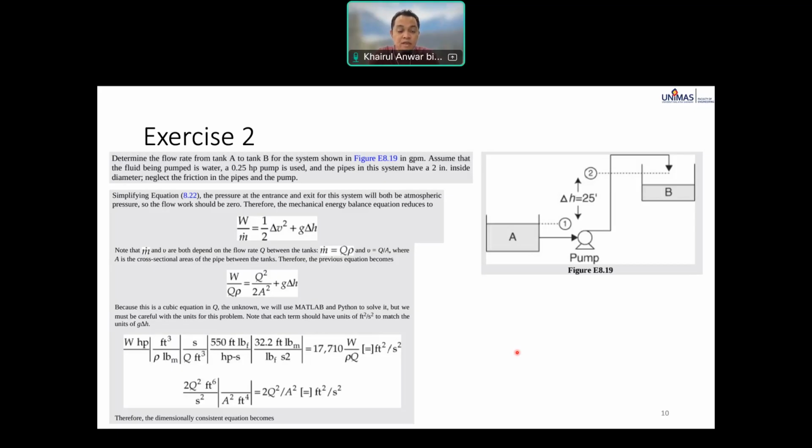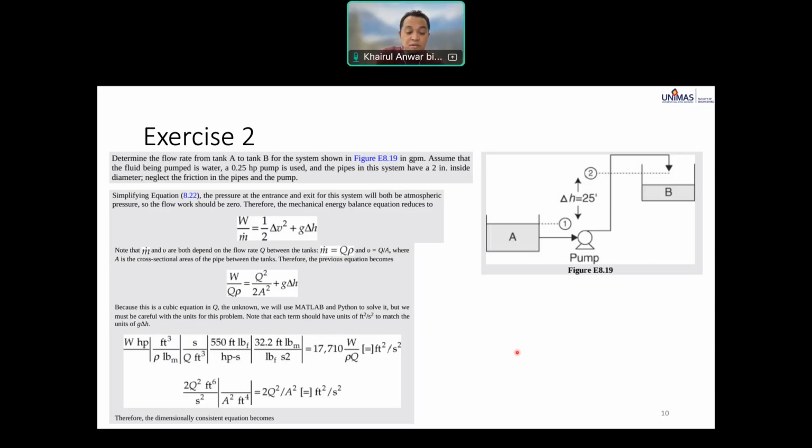So, simplifying the mechanical energy balance equation. The flow work should be 0, therefore the mechanical energy balance reduces to W over m equal to 1/2 delta V squared plus g delta H. Note that m and V both depend on the flow rate Q between the tanks.